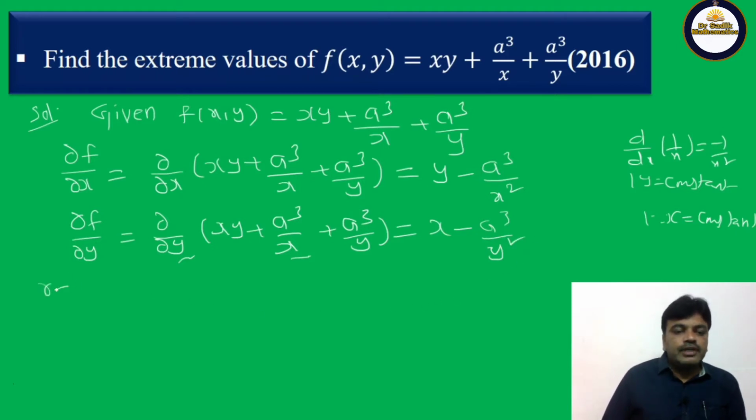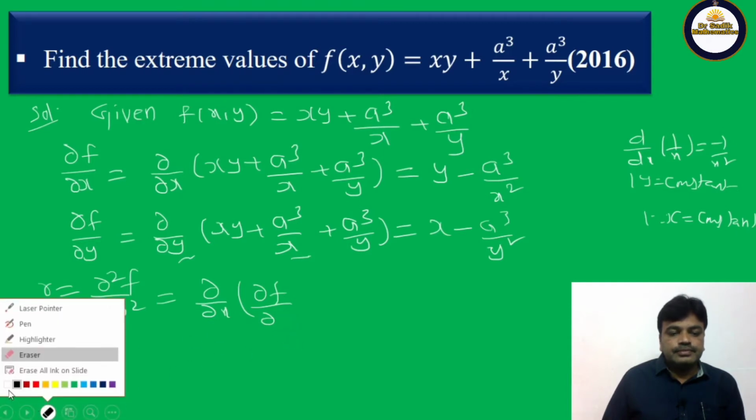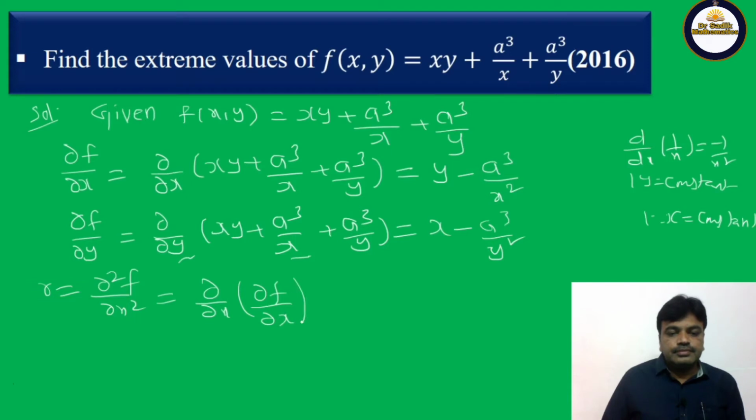Now I want to find the r value, ∂²f/∂x², which is equal to ∂/∂x of ∂f/∂x. ∂f/∂x is y minus a³/x².